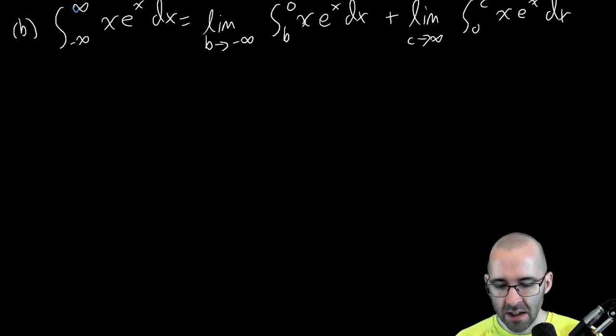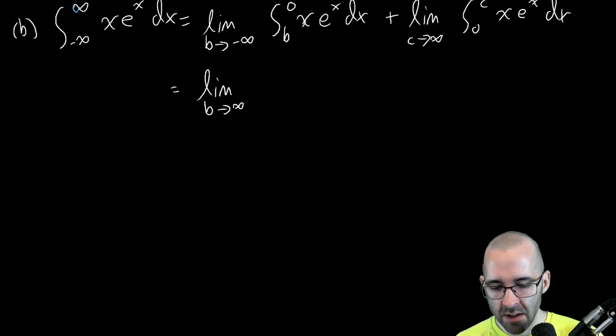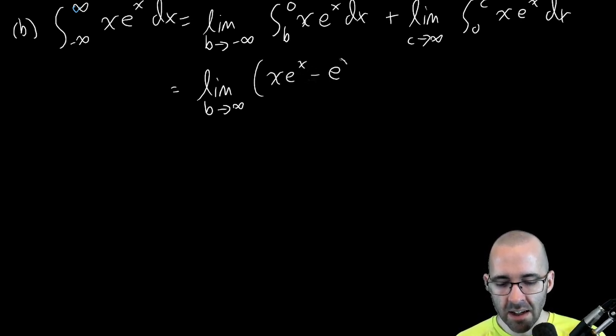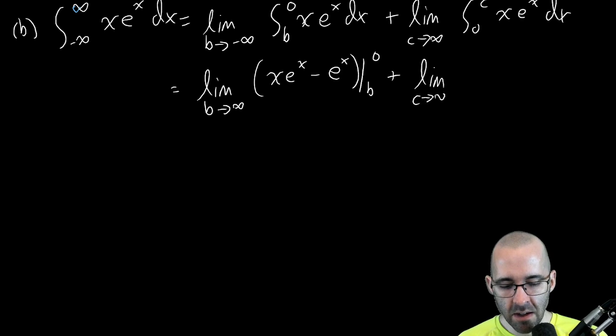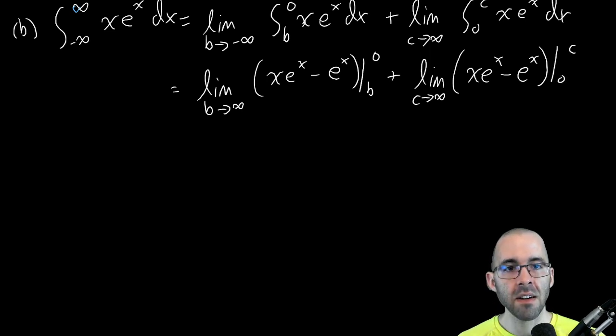So this antiderivative is just x e to the x minus e to the x. Nice. So this will be the limit as b goes to negative infinity of x e to the x minus e to the x evaluated from b up to 0, plus the limit as c goes to infinity of that same antiderivative, x e to the x minus e to the x, evaluated from 0 to c.